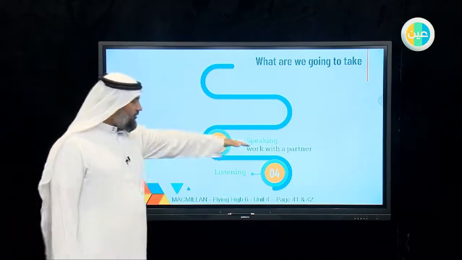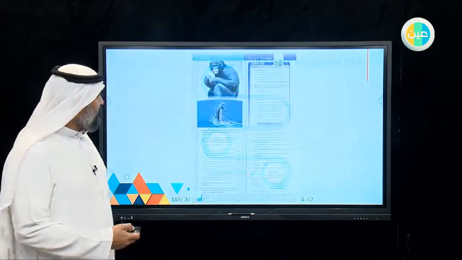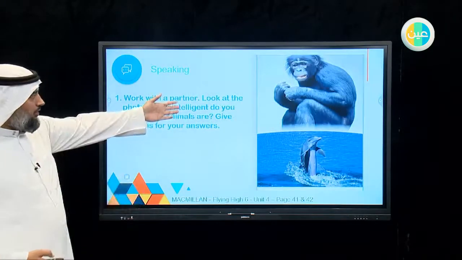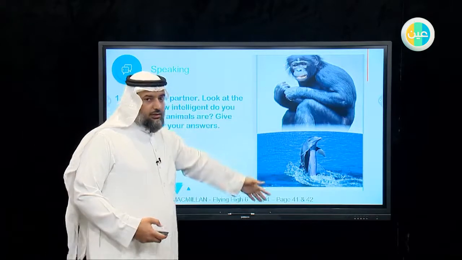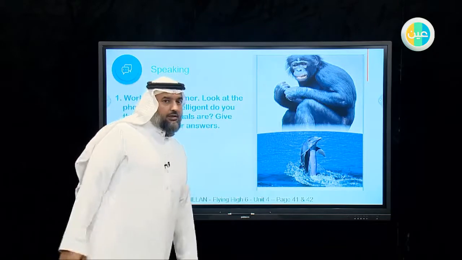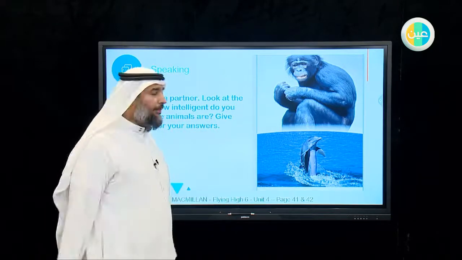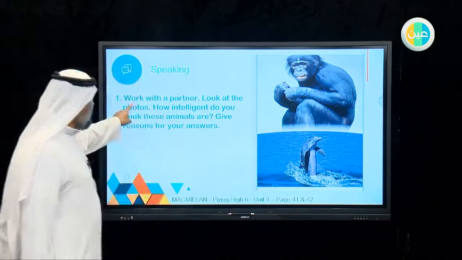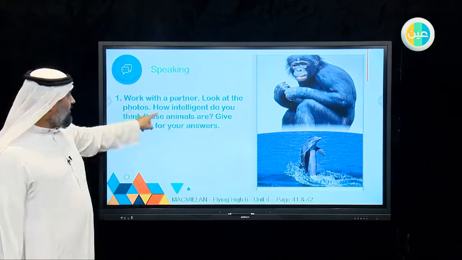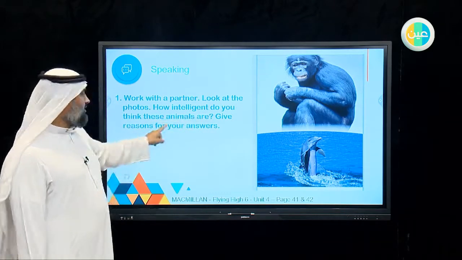Now we're going to go to speaking. Now speaking, look at this picture. What do you see? What do you think of these two pictures? What makes them really close to each other? Why did we put these two pictures together? Work with a partner. Look at the photo. How intelligent do you think these animals are?